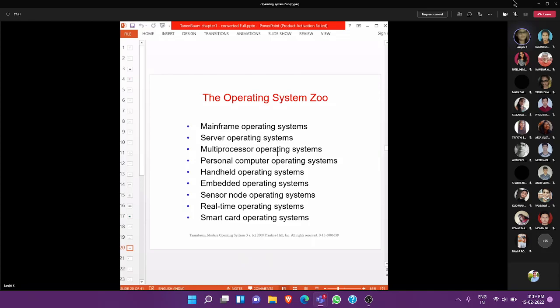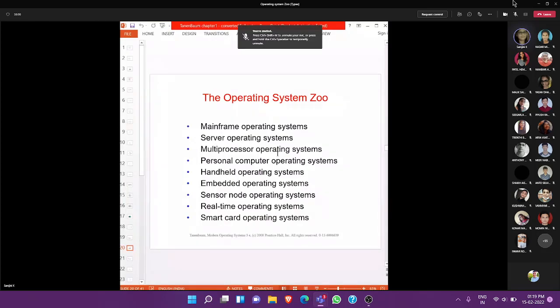That is the multiprocessor operating system. Next, personal computer operating system. The personal computer operating system is good enough for our personal usage, where only one person is going to use it. It provides good support and service to a single user. That's why it is a personal computer.